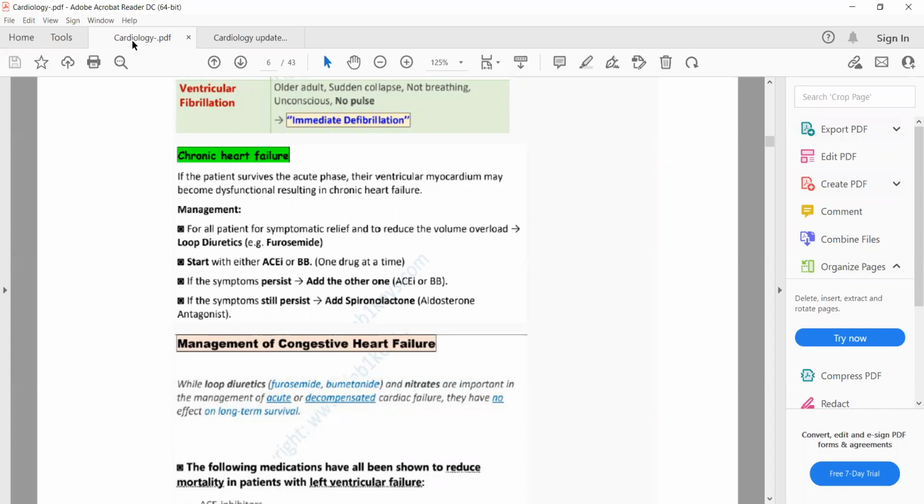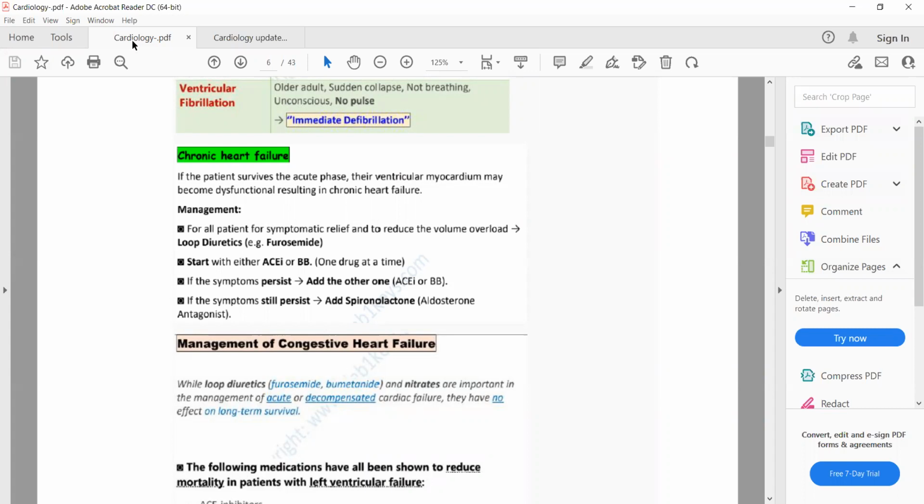One is the sympathetic system. In case of chronic heart failure, the sympathetic system is activated, which leads to increased heart rate and force of contraction of the heart to compensate for the heart failure.